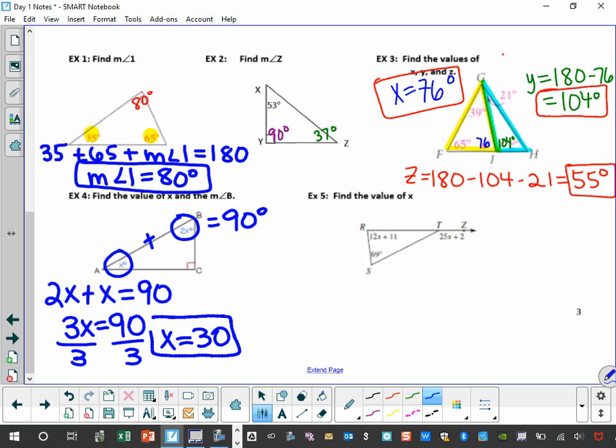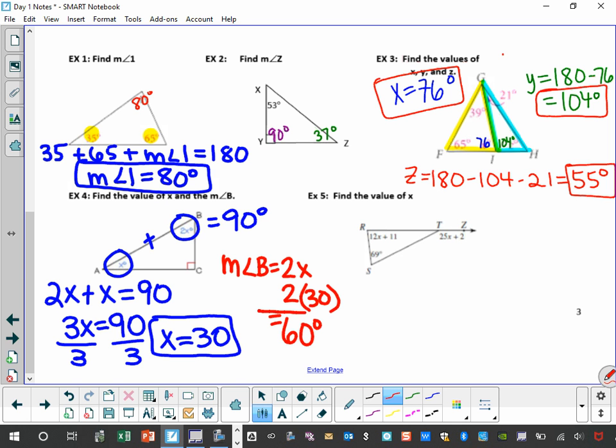It's not the whole answer though. What's our next step? We need to figure out what the measure of angle B is, right? That's what my direction said. So the measure of angle B is going to be equal to 2x. But instead of x, what am I plugging in? 30. So what is the measure of angle B? 60 what?